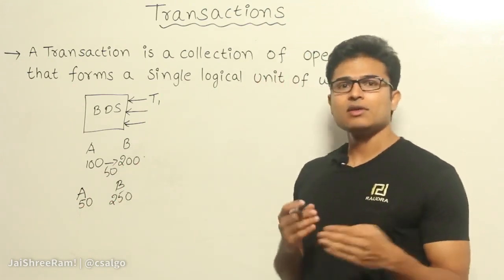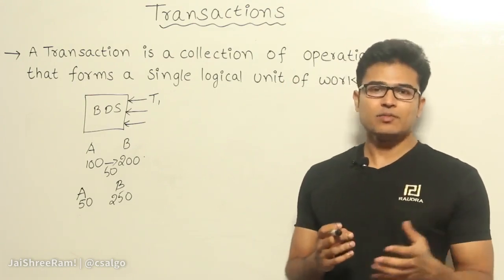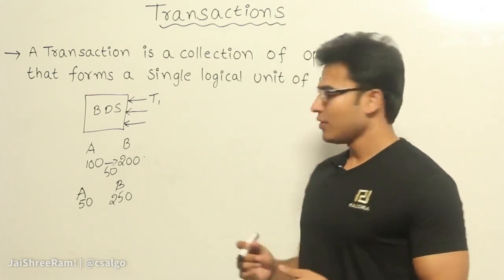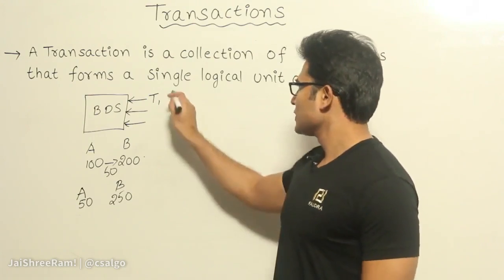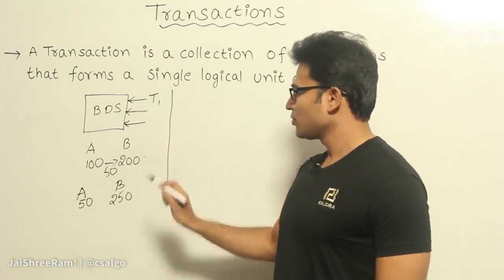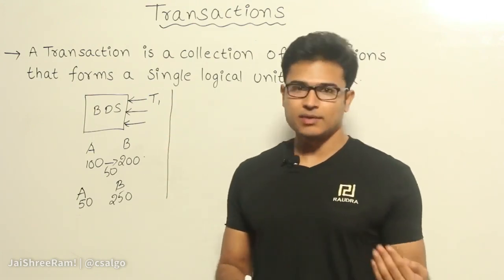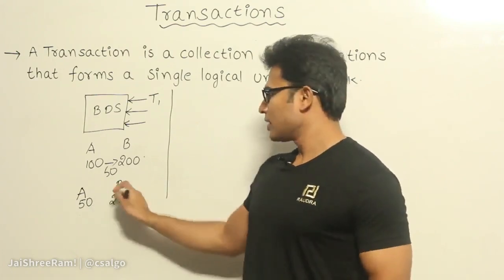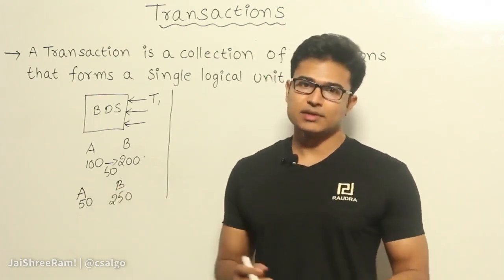Even though it is a single logical piece of work, you might have to do it in various steps. Now what are the various steps involved? First, you might have to read the data from the database. A's data and B's data will all be present in the database.